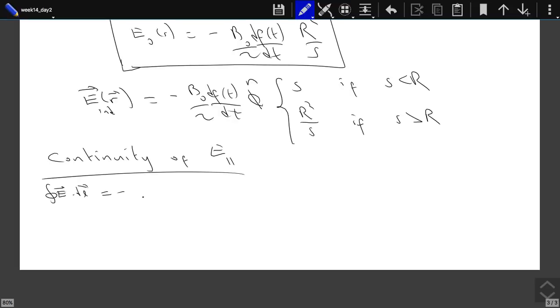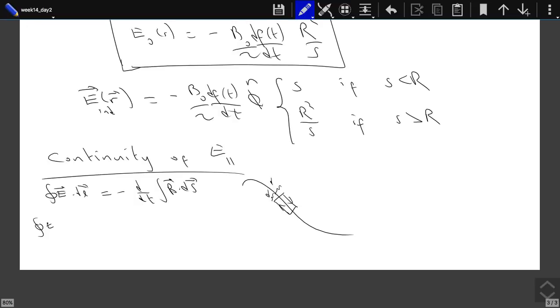This should be equal to minus d by dt of B dot ds. Well, just take an arbitrary surface, consider such a loop. This is d, so that the surface goes in between my rectangle, whatever the value of d is.